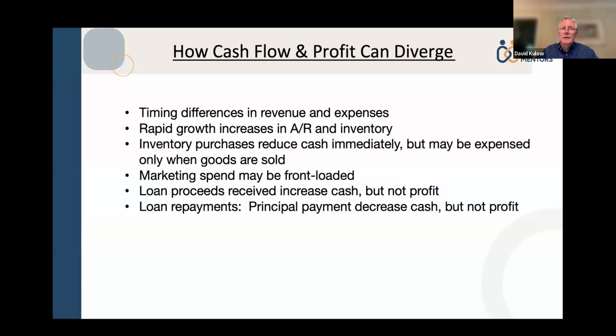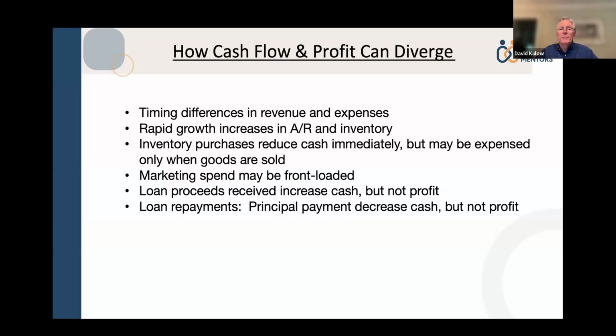So they can diverge. There are timing differences in revenue and expenses, and rapid cash increases. If you extend credit, all of a sudden your sales go up and your accounts receivable goes up. Or if you all of a sudden have to buy a lot more, your inventory goes up. Inventory purchases, again, reduce cash immediately, but may be expensed when the goods are sold.